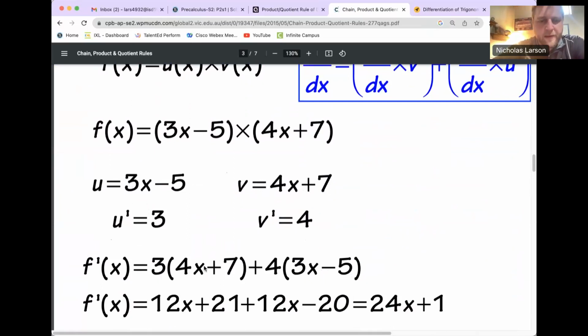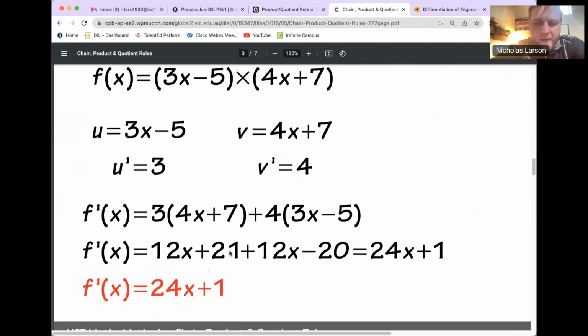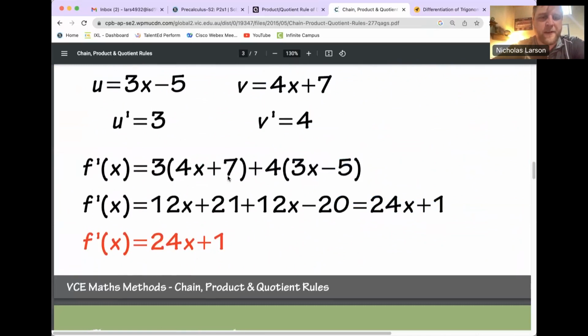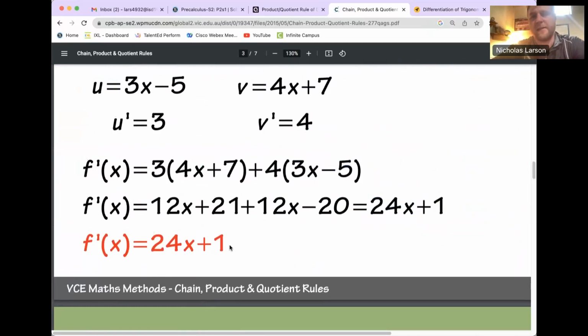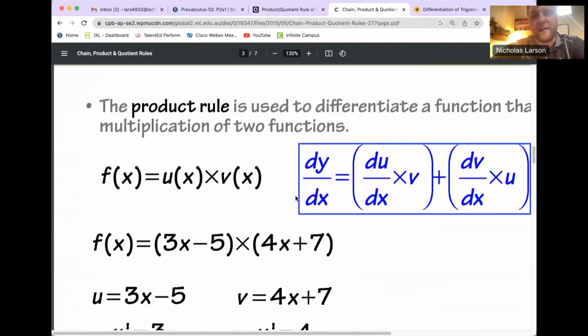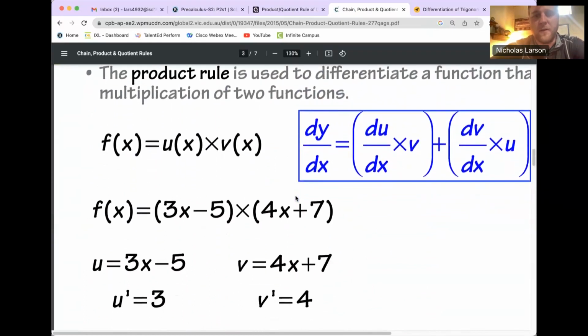So 3 times (4x plus 7). Then you simplify, combine like terms, and you eventually get that the derivative of this function, u of x times v of x, is 24x plus 1. So that's a very simple example of the product rule.